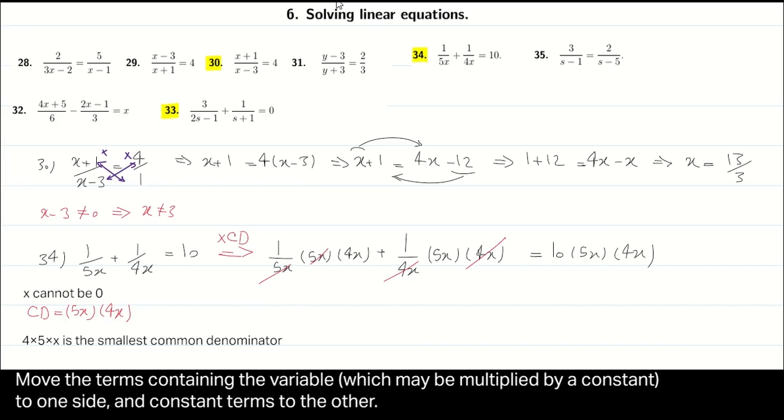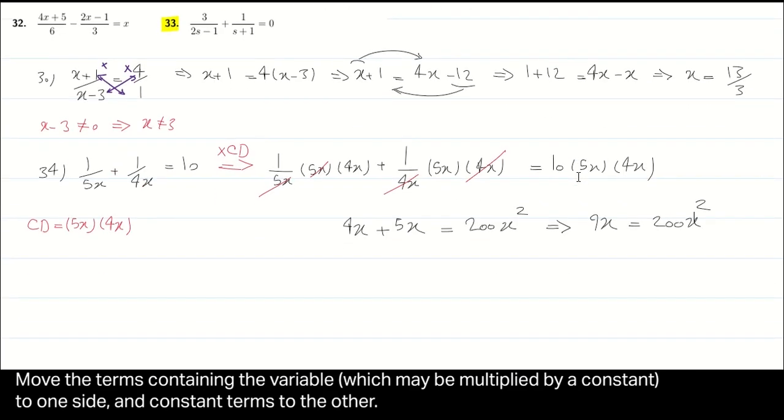So this can be written as 4x plus 5x is equal to 10 times 5, which is 50. 50 times 4 is equal to 200 x squared, right? Which means 9x is equal to 200 x squared.